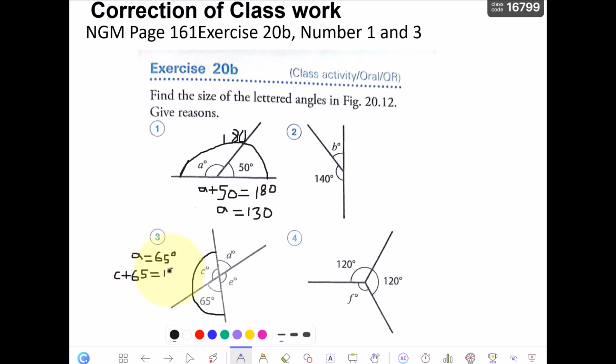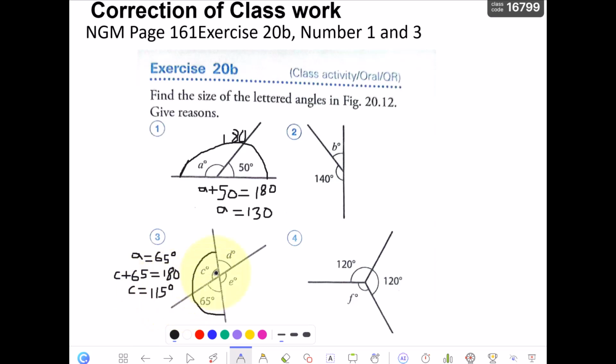So this is angle on a straight line. So that means C will now be equal to 180 minus 65. So if you subtract 65 from 180, what are you going to get? Let's see, 10 minus 5 is 5, 7 minus 6 is 1, and 1. So that one will give us 115.